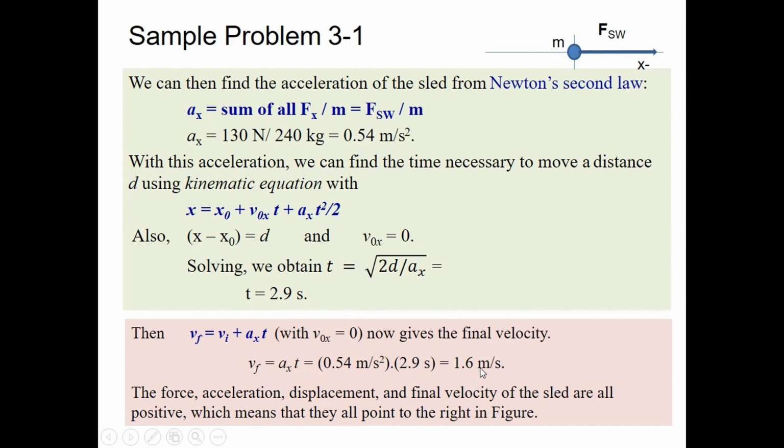Therefore, the final velocity is 1.6 meters per second, in the positive x direction. The force, the acceleration, the displacement, and the final velocity of the sled are all positive, which means they are all pointing to the right of the origin in this figure. So one can safely say that it is going in the east direction.